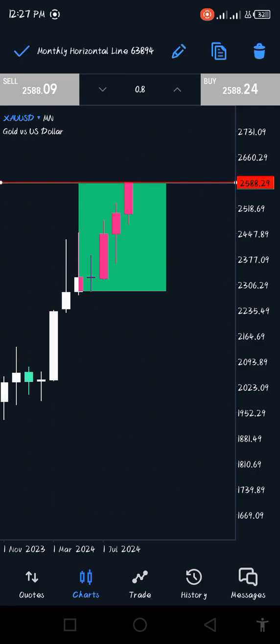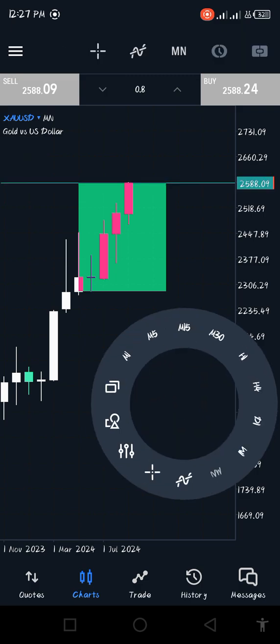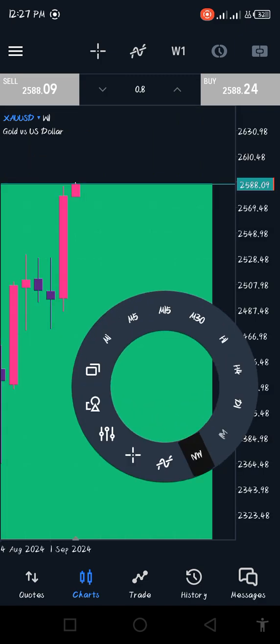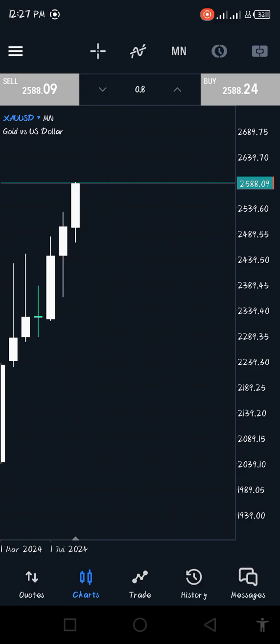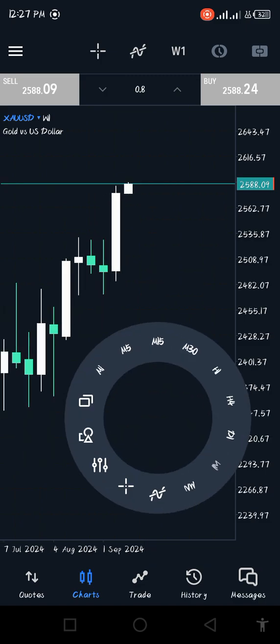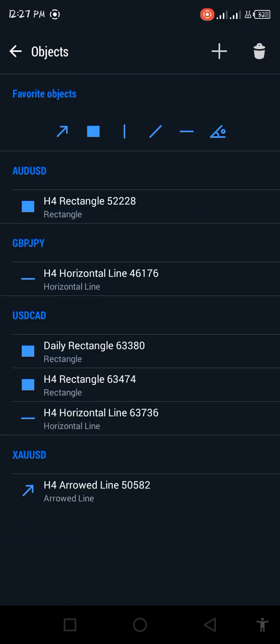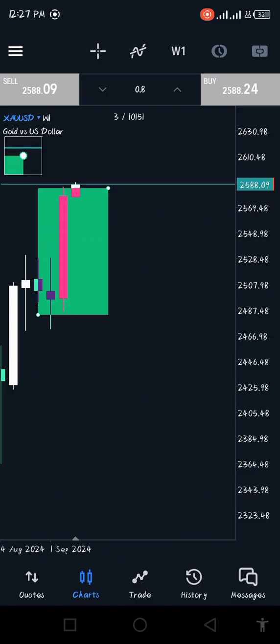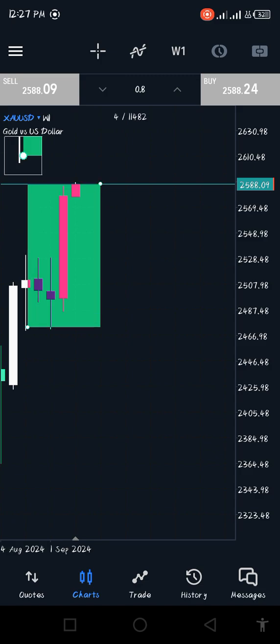So if we can delete all that, guys, and move to the weekly time frame. Let me delete the box from the monthly time frame. We can highlight the last 3 to 4 weeks, and actually get a better insight on what price has been doing currently on G-Spot.